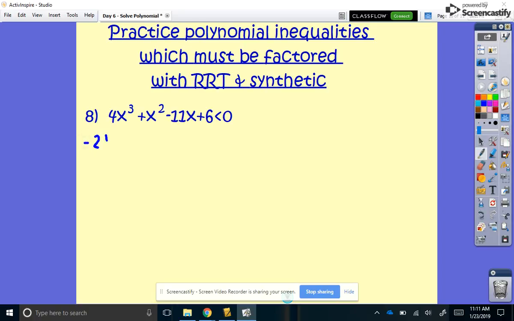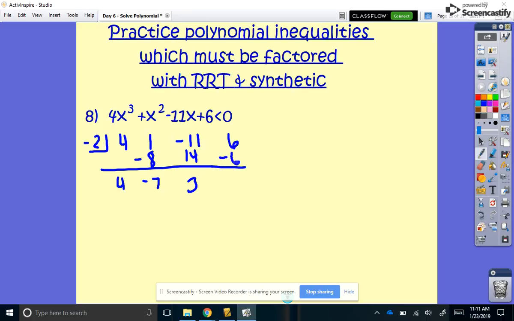So I'm going to start with negative 2, bring down the 4, negative 8, negative 7, 14, 3, negative 6, 0. So I know that factored form is going to be x plus 2 times 4x squared minus 7x plus 3 is less than 0.